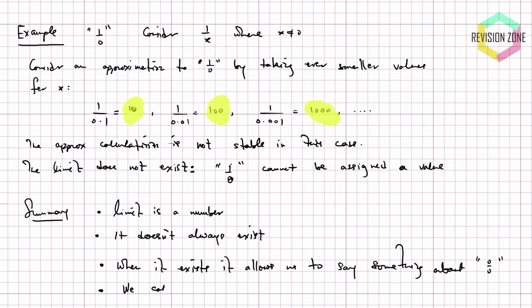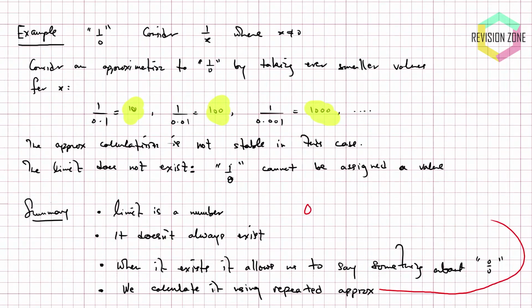We calculate it using repeated approximations. And I should say in red, perhaps, only when the approximations are stable.